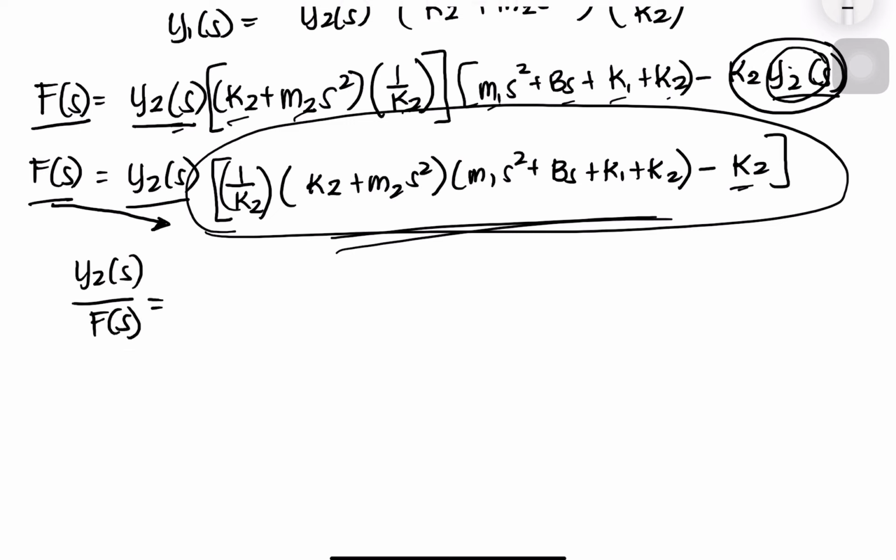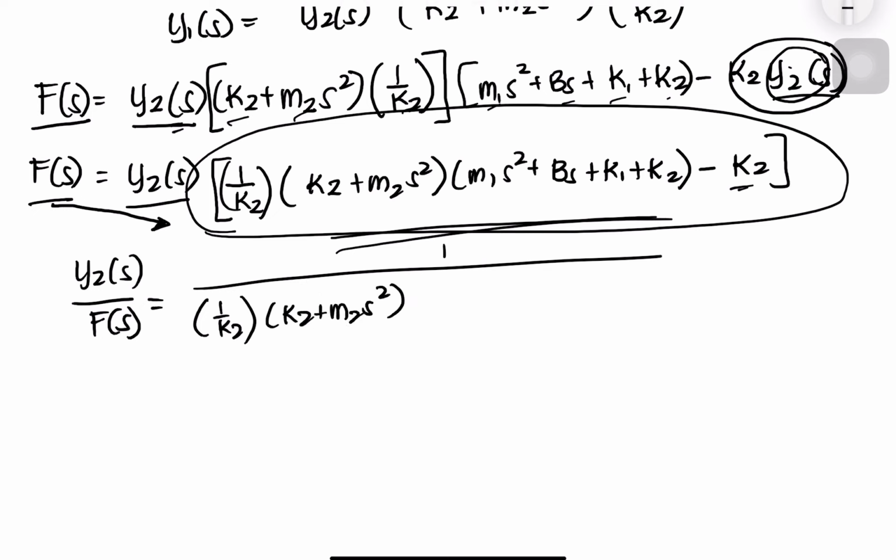is equal to 1 over K2 plus M2S squared times M1S squared plus BS plus K1 plus K2 minus K2.